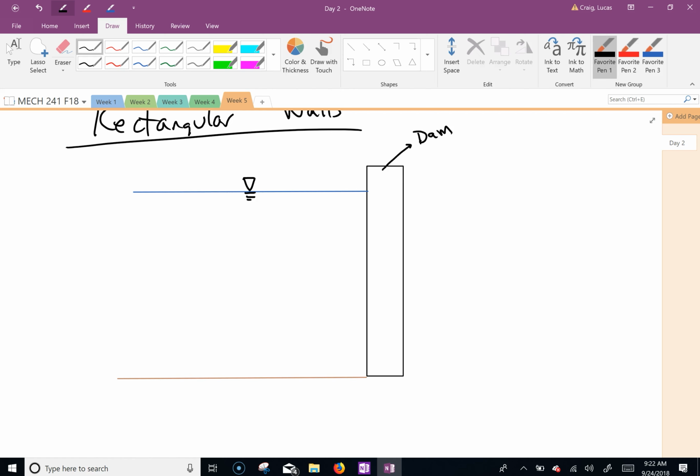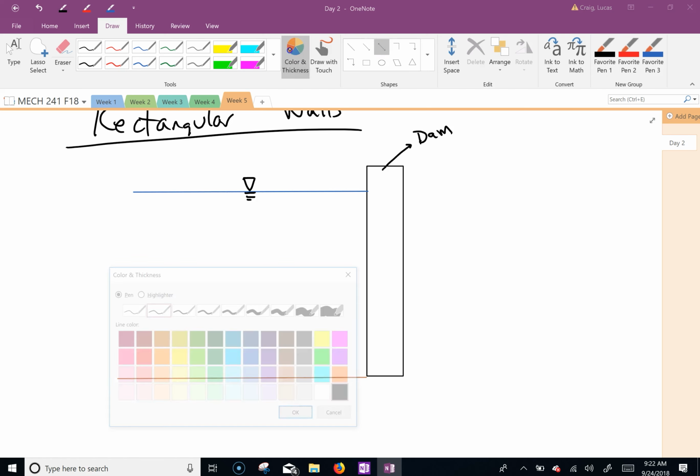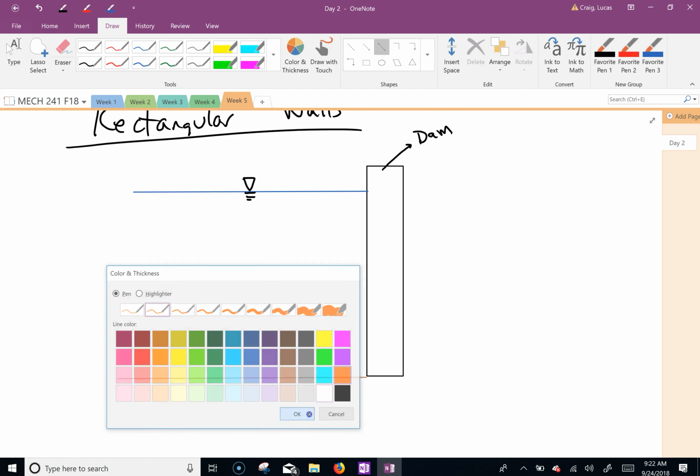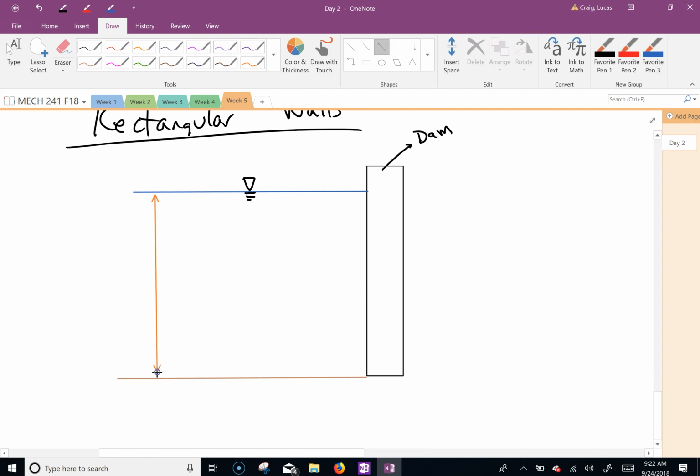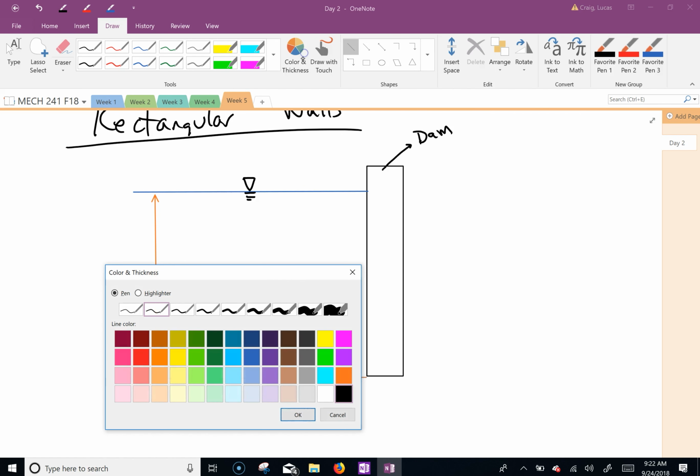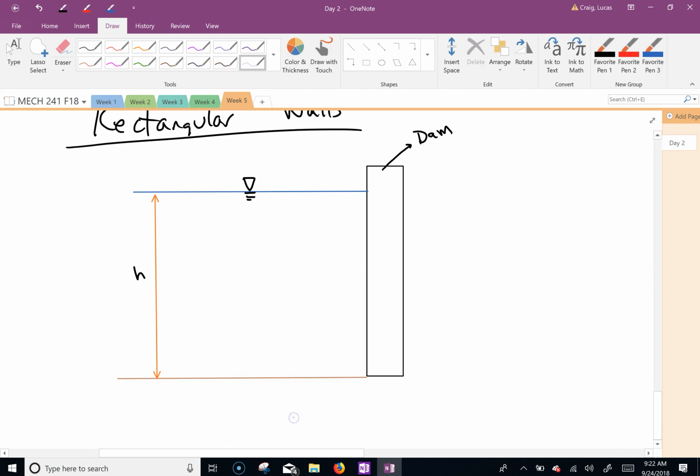All right, what we need to label next is this height, H. And let's label light purple.